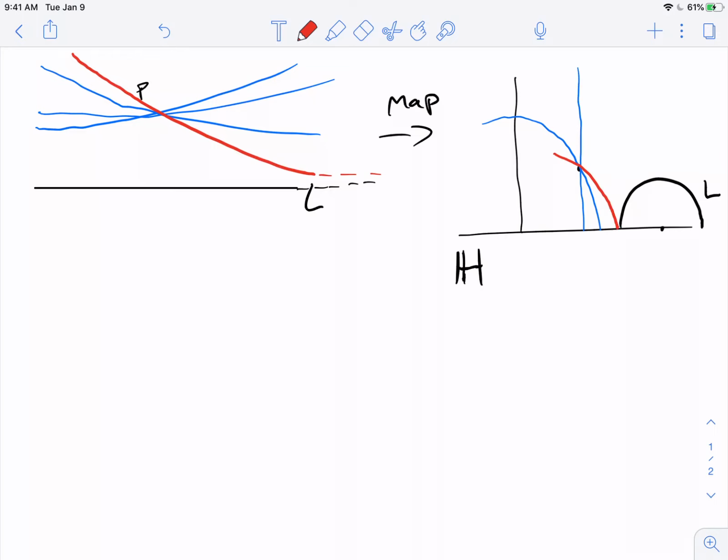And that's the one coming from the semicircle, which would be intersecting L and tangent to L at the x-axis, if we included the x-axis, although that's not part of the upper half plane. Okay, and so from this picture and knowing what the geodesics are, I can see that there's a unique line here which goes through the point P and is asymptotic to L along a given direction of L.